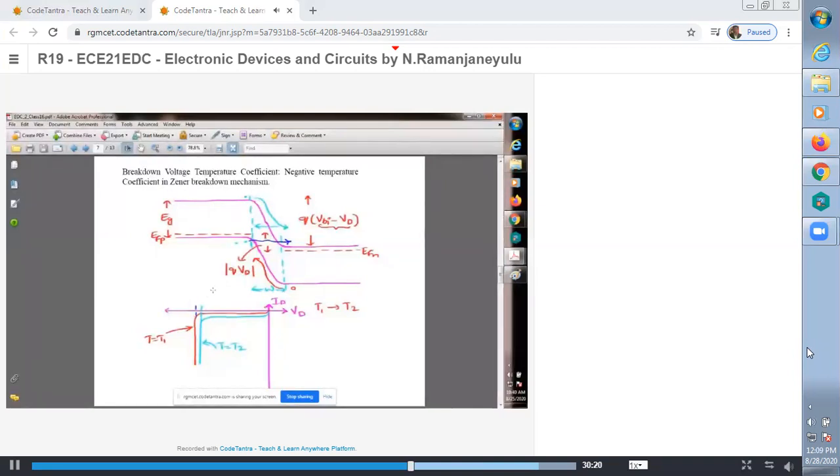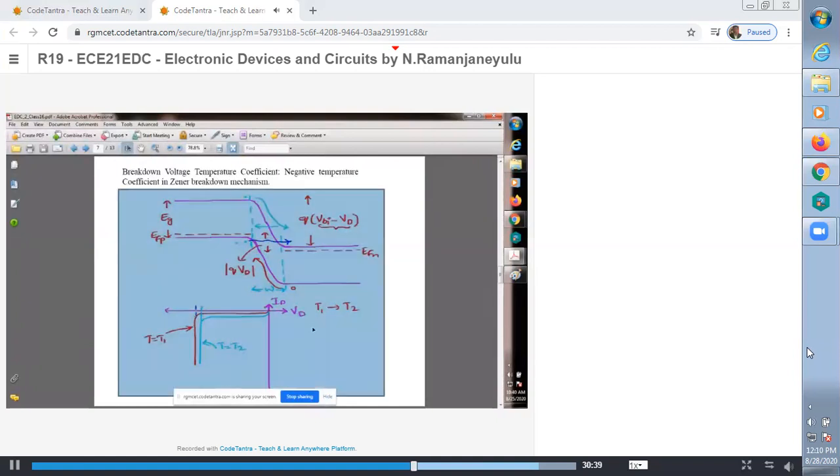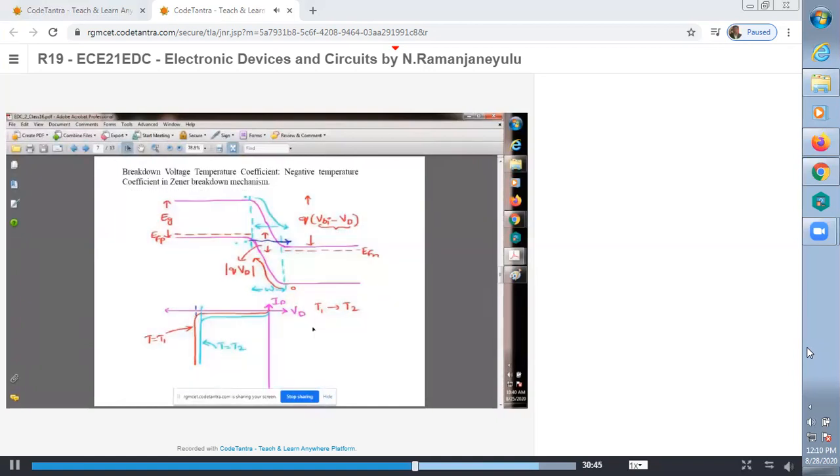That means as temperature increases, breakdown voltage decreases in Zener breakdown. Remember this one. Temperature increases and Vz decreases, that means a negative temperature coefficient in Zener breakdown.